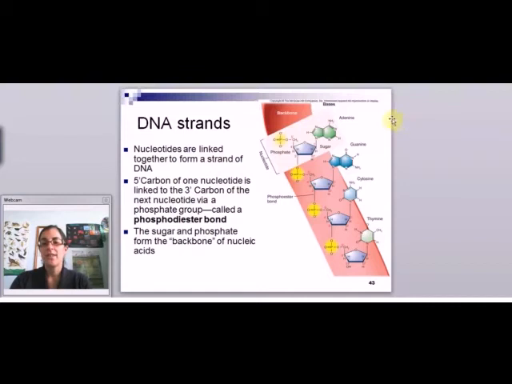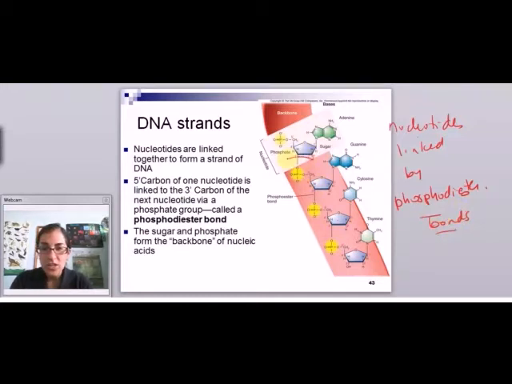The nucleotides will come together through dehydration reactions, and they are linked by phosphodiester bonds. This is analogous to a peptide bond in proteins that we talked about, or the glycosidic bond in carbohydrates.